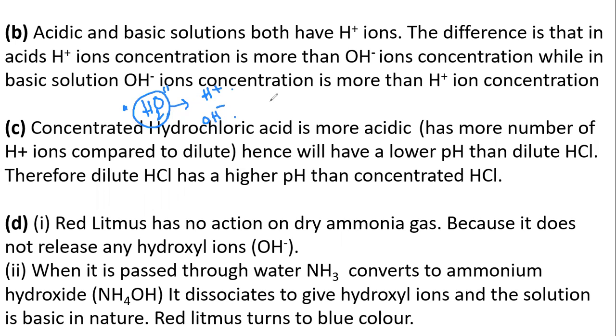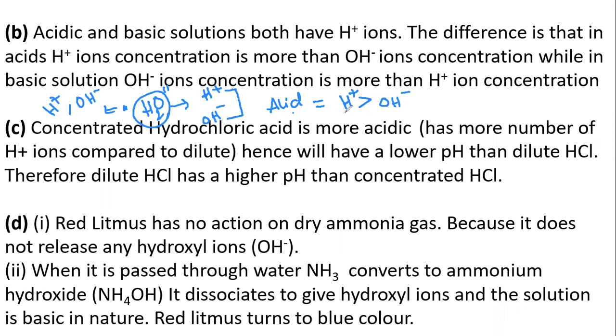Whatever acid or base you take, if you take an acid, it produces H plus ions. So an acidic solution contains more H plus ions than OH minus ions. Because water easily has a self-dissociation property, it dissociates itself into H plus and OH minus. So in all solutions, either basic or acidic, there will be both H plus ions and OH minus ions. What is the difference? How can we differentiate an acidic solution and a basic solution?